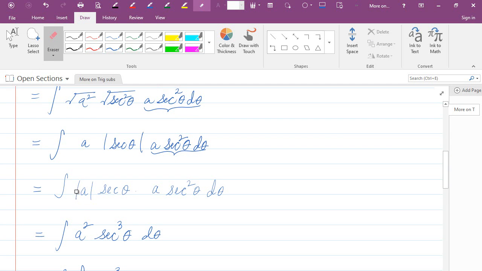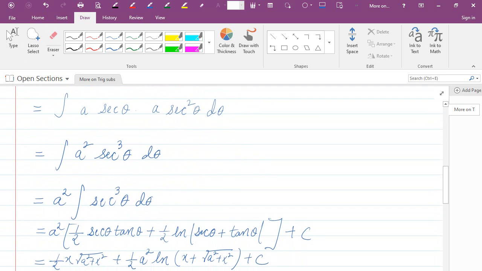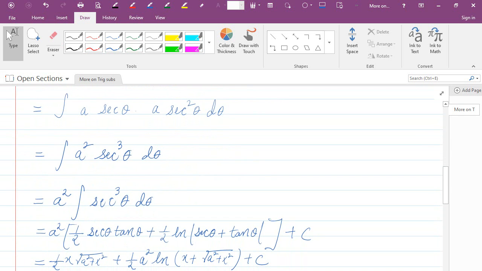We're going to assume that a is positive, and root of secant squared of theta is the absolute value of secant of theta. But because theta is between negative pi over 2 and pi over 2, secant theta is positive there, so we can say the absolute value of secant theta is secant theta, and then we get a squared secant cubed of theta as the integrand.